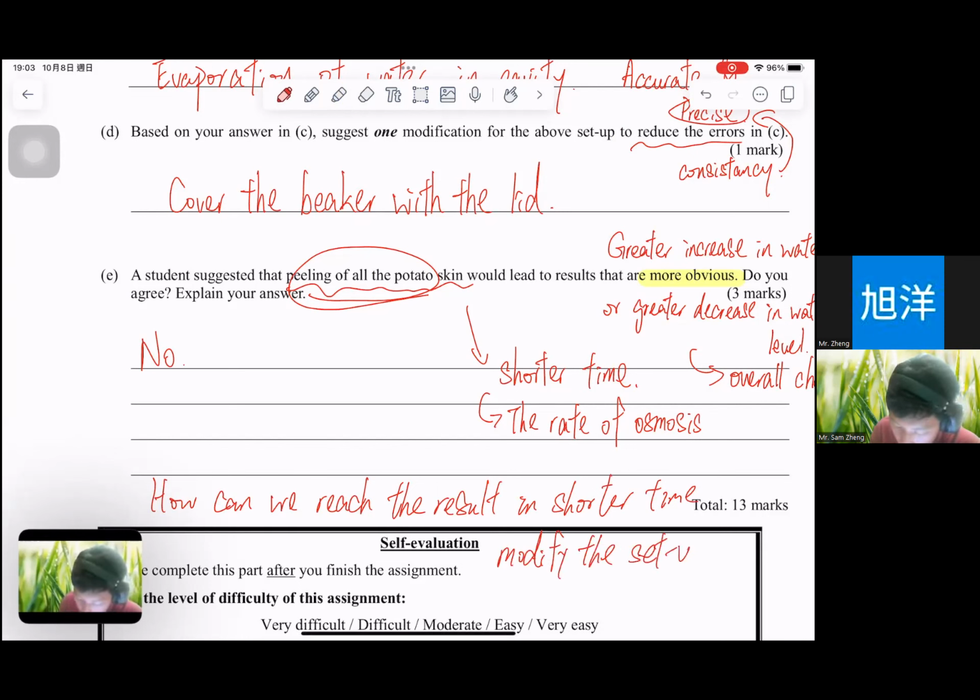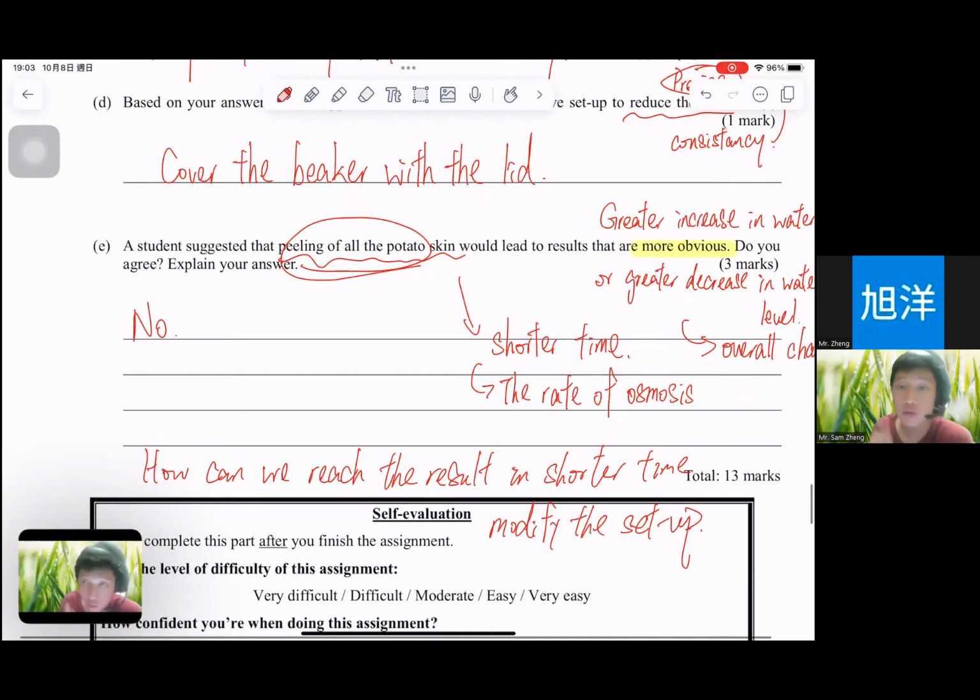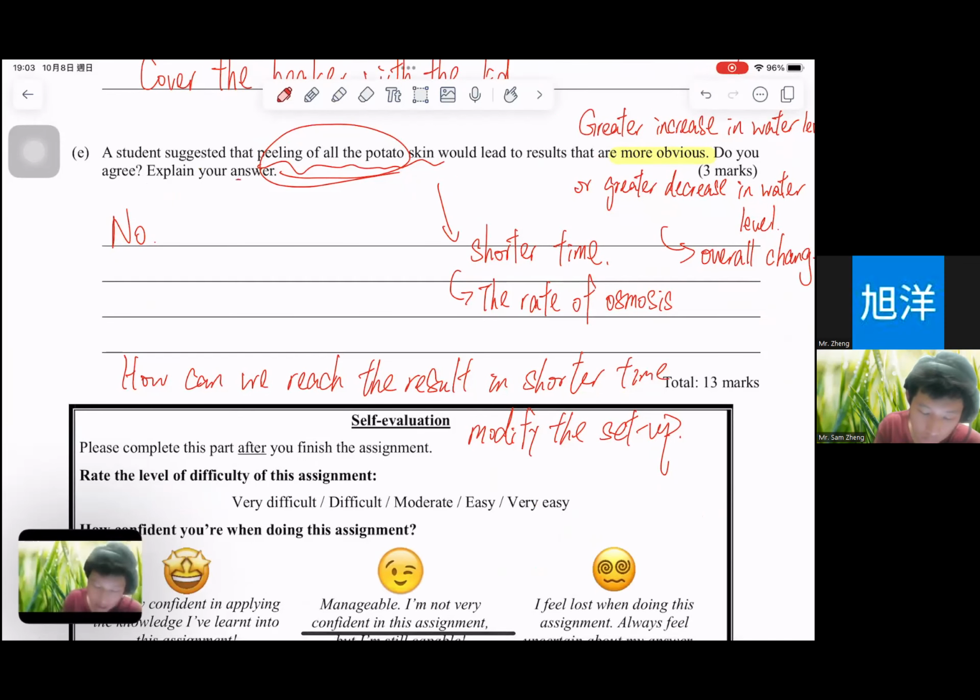Then you need to write down the modification: peeling all the potato skin, because it increases the surface area for osmosis to occur. So there will be a faster rate of osmosis, leading to a shorter time to reach the final sucrose solution level.